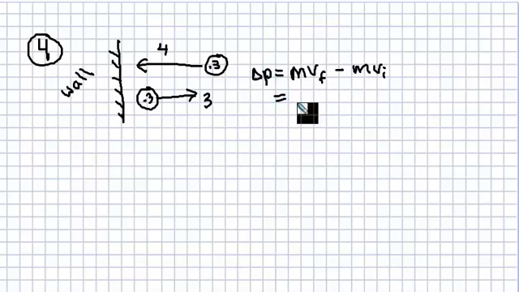And the trick in this problem is not the 3, that's obvious, that's the mass, but the velocities. 4 and 3 do not work because they're opposite in direction. So we really need to call at least one of those a negative. It doesn't matter which one you call a negative. I'll choose 4 as a negative since it's that way. But the key thing is that the velocities must be of opposite sign.